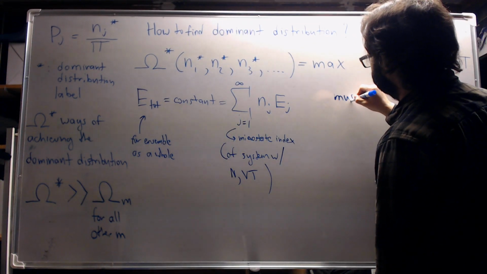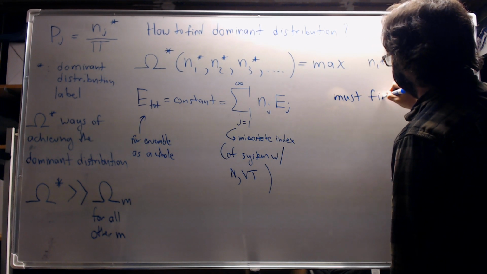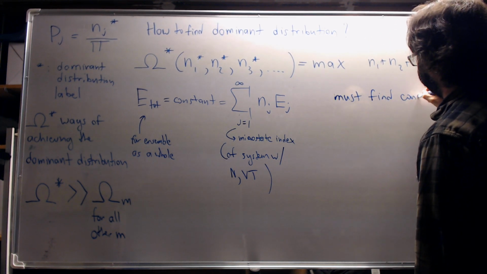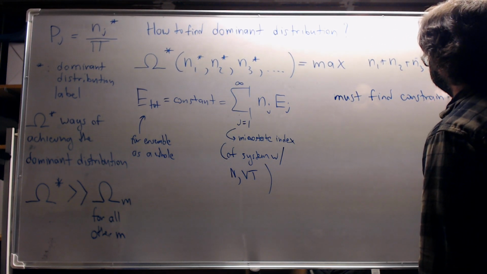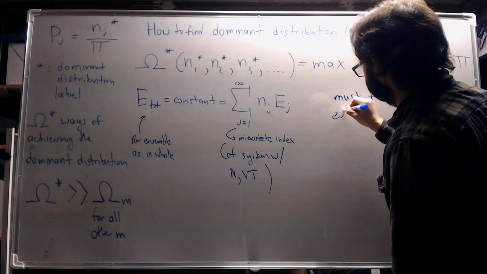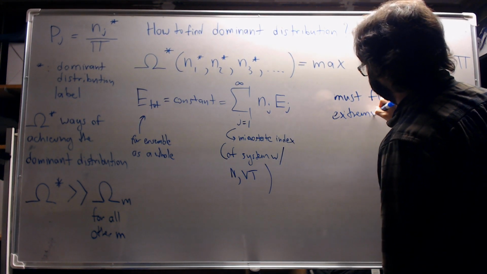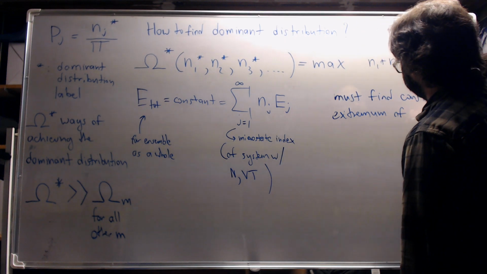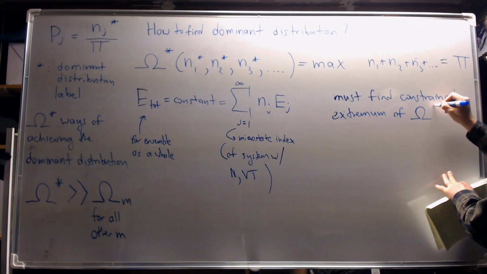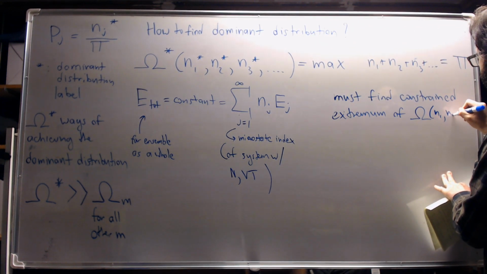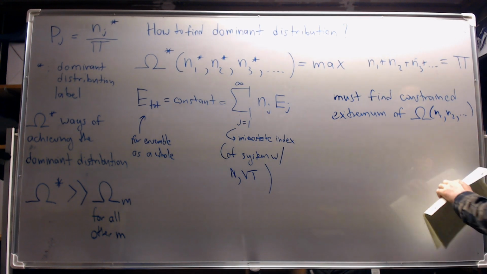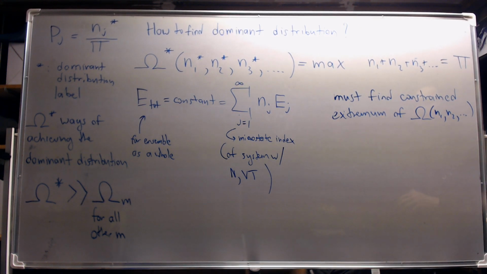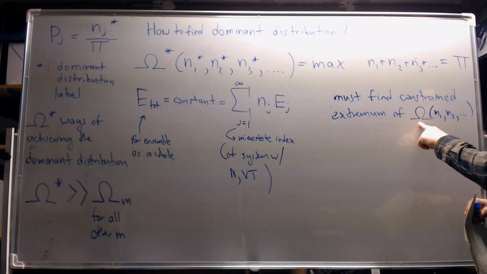We must find a constrained extremum of omega of n1, n2, and so on. We are finding that distribution, that set of numbers, n1, n2, n3, n4, and so on, for which omega is an extremum.